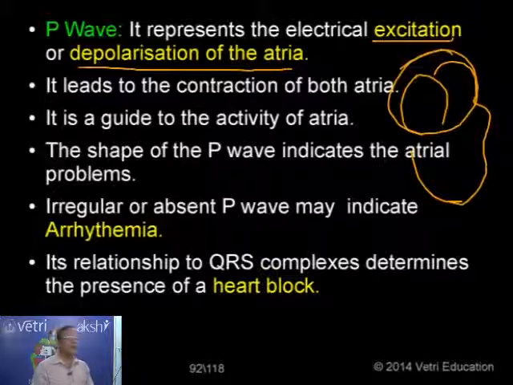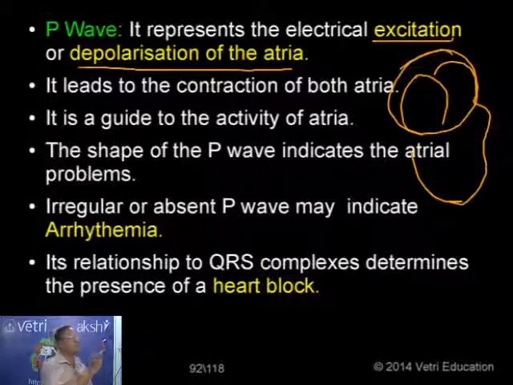If you want to know anything about the activity of the atria, whether it is normal or abnormal, we need a guide, and the guide comes from the P wave. That's why I mentioned here it is a guide to the activity of the atria, whether it is functioning normally or not, based on the waves created by the atrial contraction.